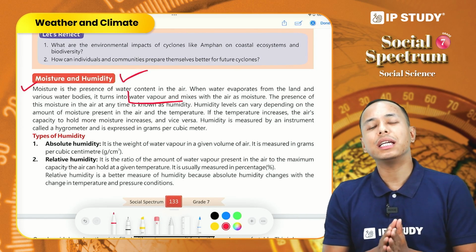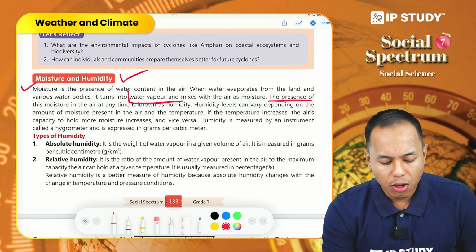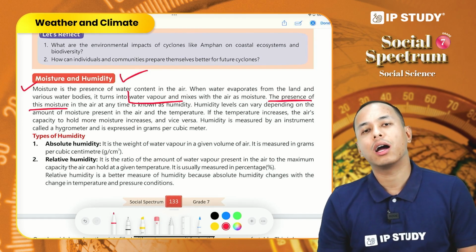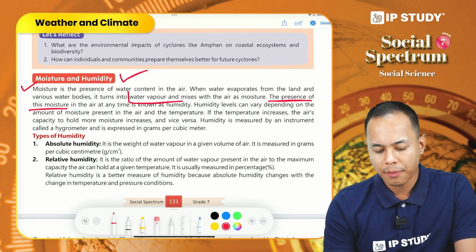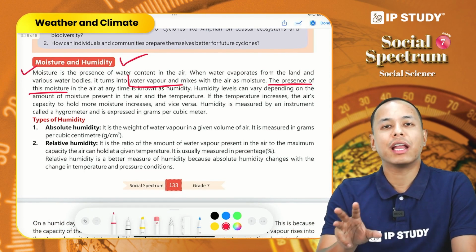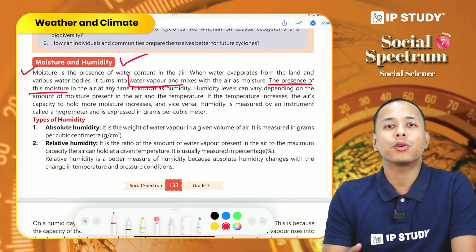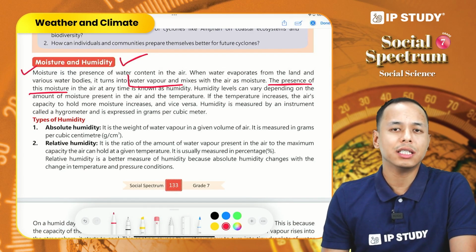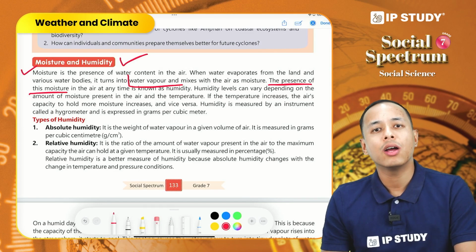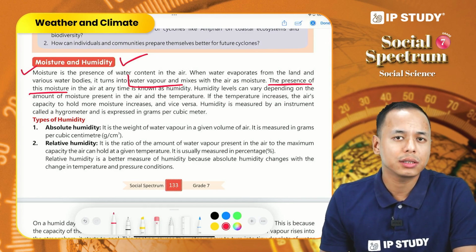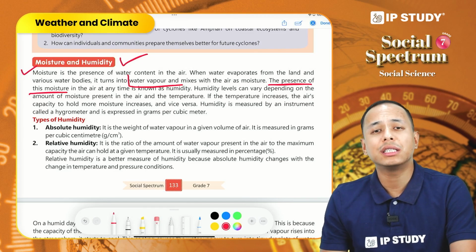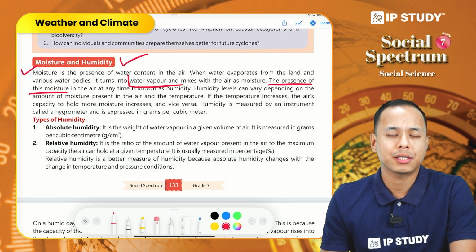Humidity is the presence of this moisture in the air at a particular time. The humidity level varies depending upon the amount of water vapor and change in temperature. For example, when the temperature increases, the humidity also increases, and when the temperature decreases, humidity also decreases.